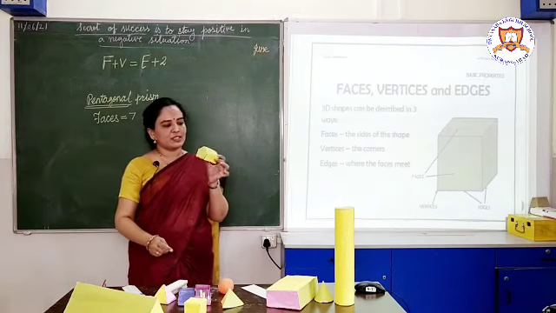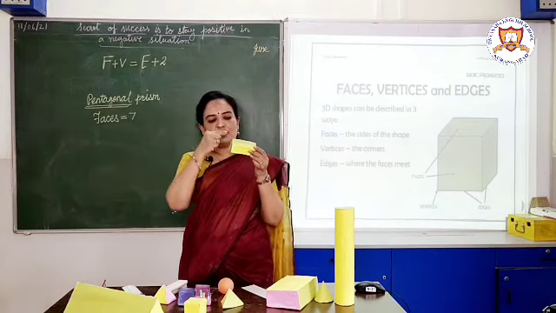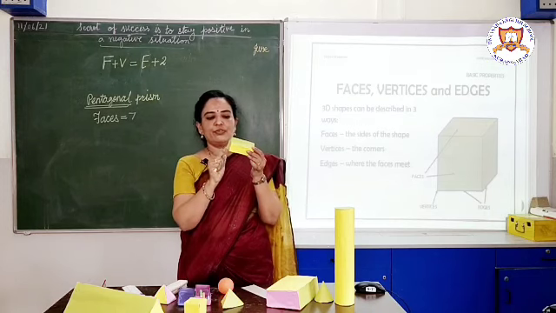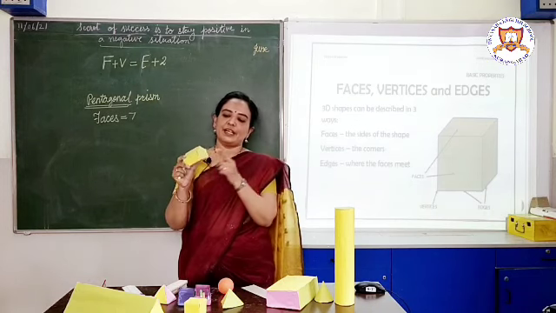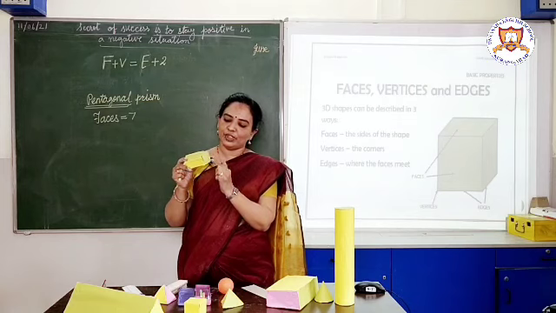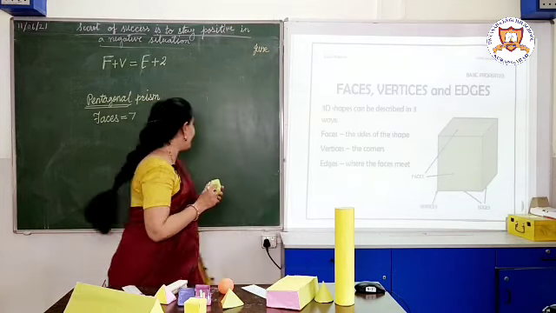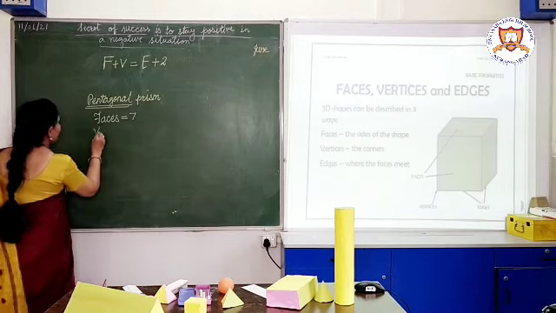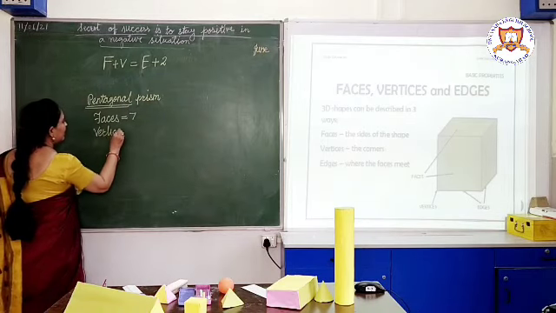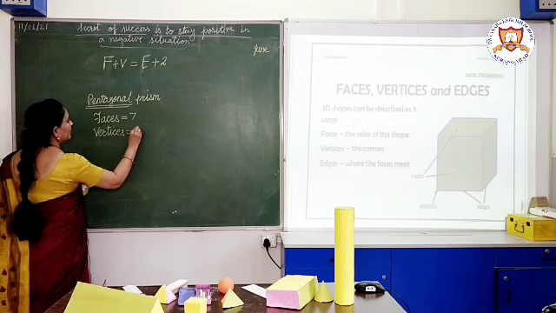How many vertices? 1, 2, 3, 4, 5. This side also 1, 2, 3, 4, 5. So 5 plus 5 is 10. There are 10 vertices.